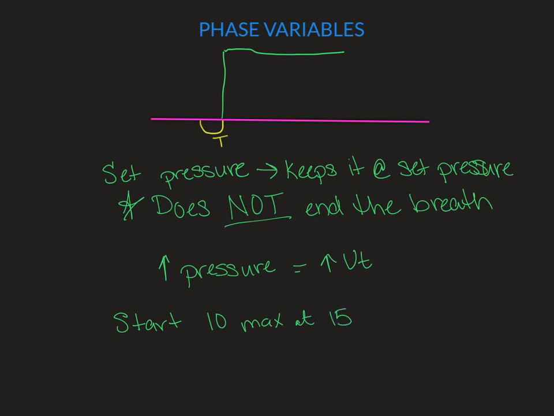Now I know in one of the resource videos I posted, it has them going up to a pressure of 20. It's always going to vary based on hospital policy and procedure, and it will also depend on the type of patient that you have. If it's a neuromuscular patient who has super over-compliant lungs, you might need a little bit more pressure to deliver the volume that you need.